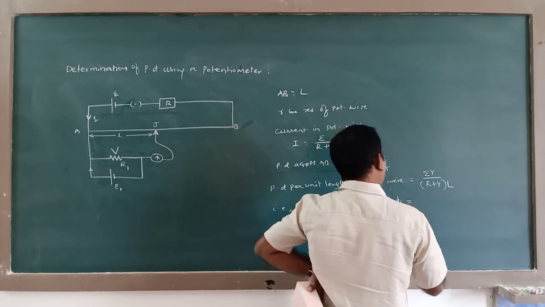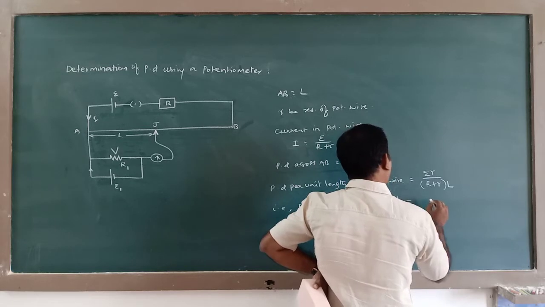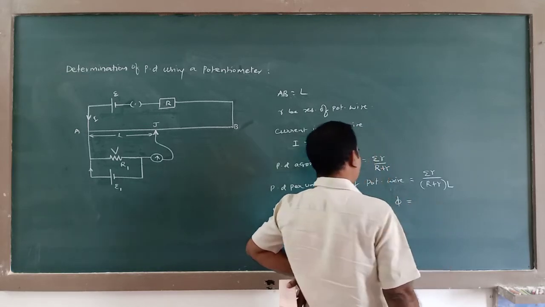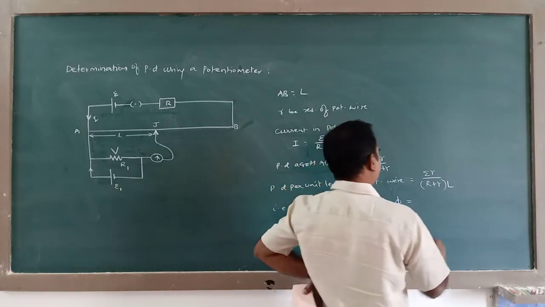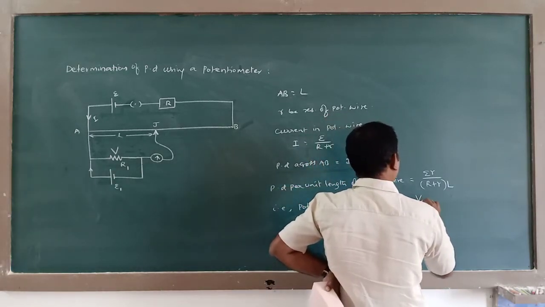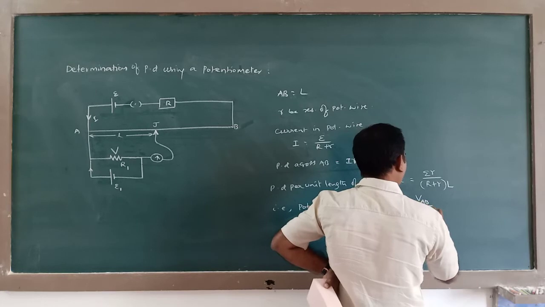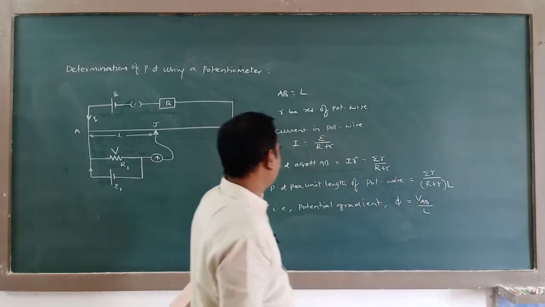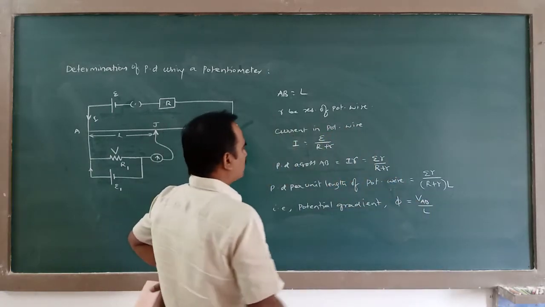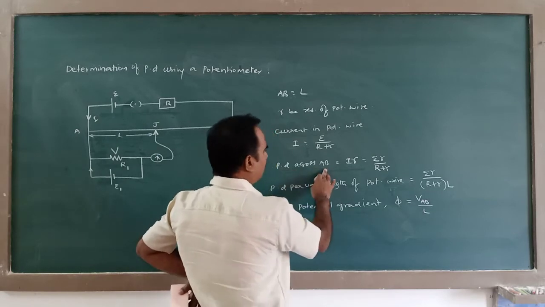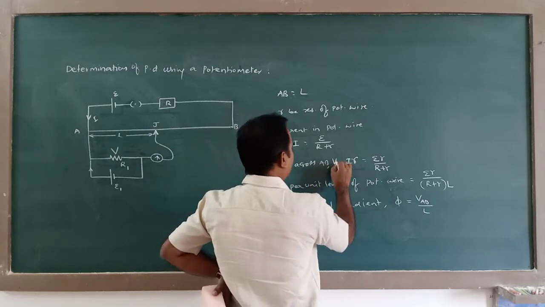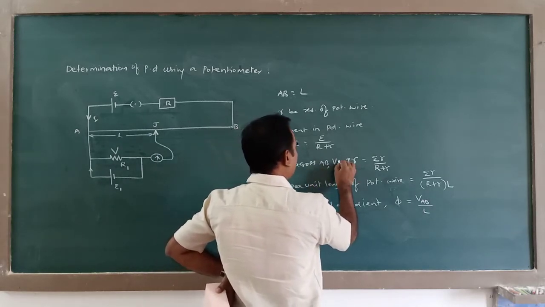This phi is equal to VAB divided by L. So the potential difference across AB, you can write as VAB.